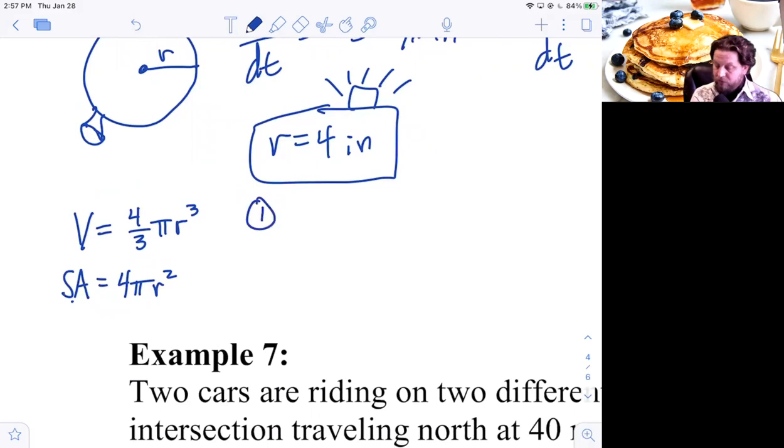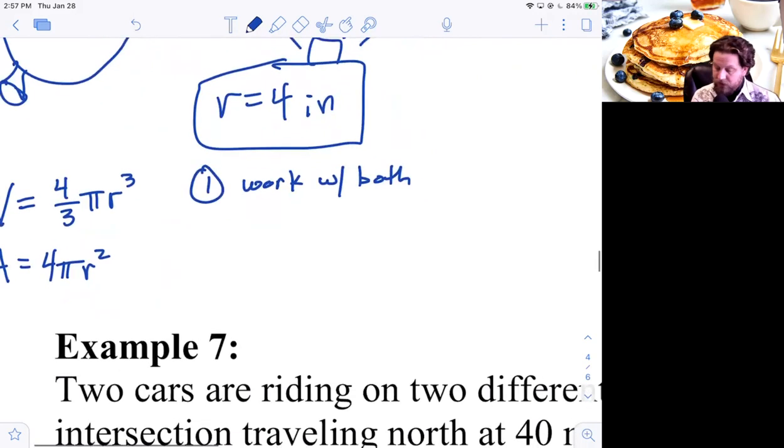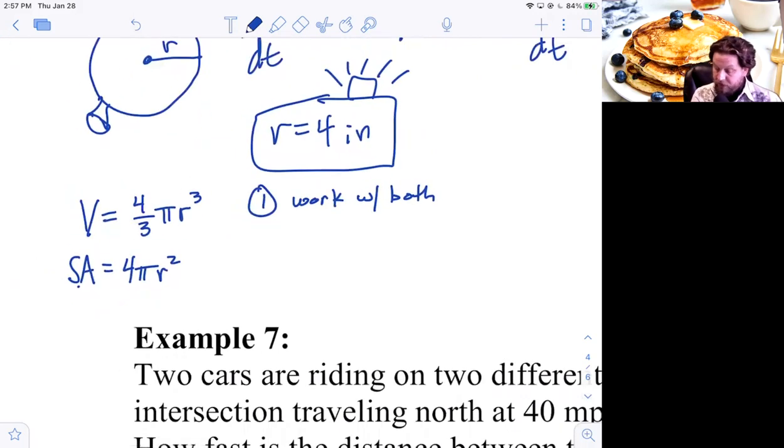So I'm going to do part one. Let's work with both. I still think this might be a little bit easier. I'm going to take the derivative of both with respect to t. I'm just going to do it in rows here. d/dt of V gives us dV/dt equals 4 pi r squared times dr/dt.